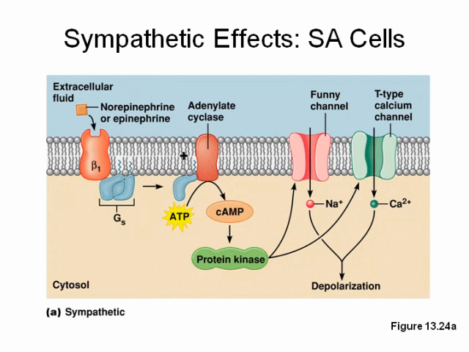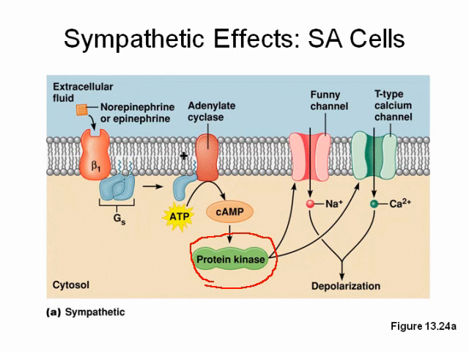So let's take a look at how this happens. So we have norepinephrine or epinephrine binding to beta-1 receptors. Beta-1 receptors are coupled to the Gs protein. Remember, Gs stimulates adenylate cyclase, converting ATP to cyclic AMP. So we have an increase in the amount of cyclic AMP being produced.